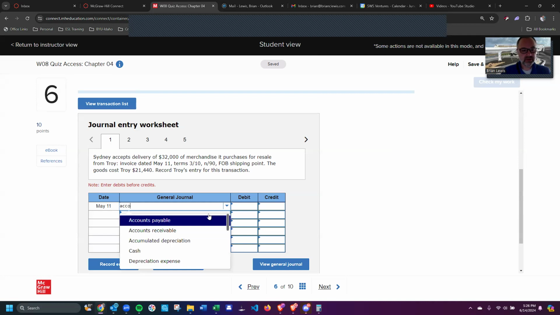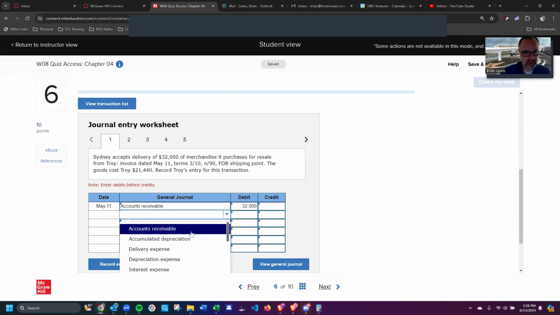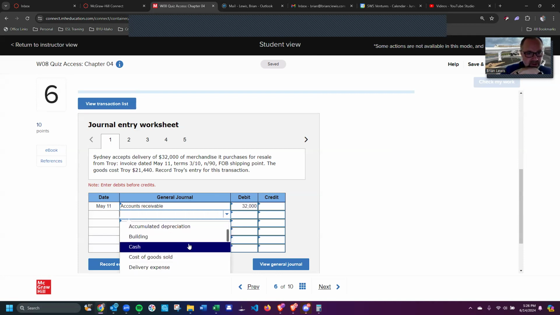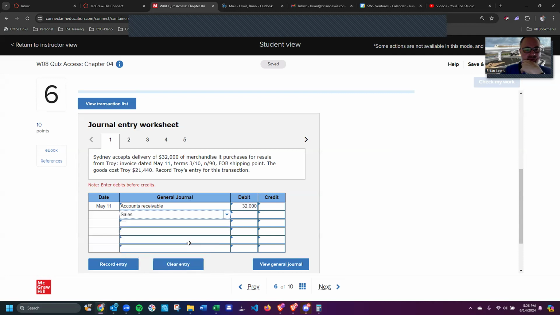So let's do accounts receivable first for 32,000. And we're going to do revenue or some sort of revenue, merchandise. Let's see what they have in here. Delivery, interest, merchandise, inventory purchases, sales. We're going to do sales for 32,000.